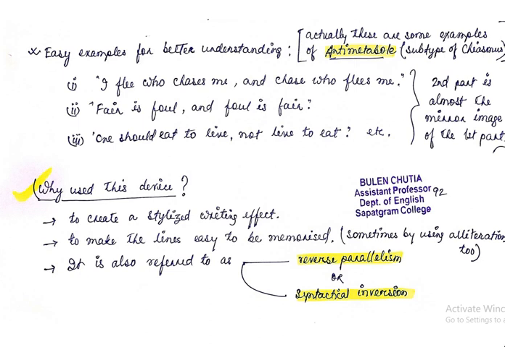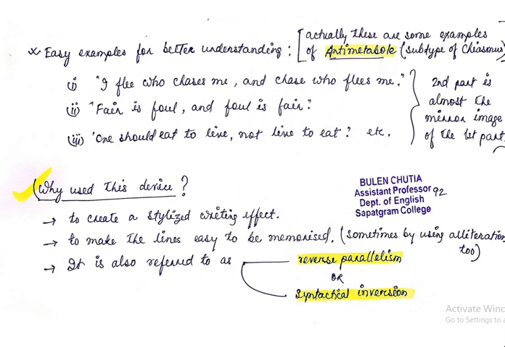Number two, fair is foul and foul is fair. Number three, one should eat to live, not live to eat. Here you can notice that the second part or the second phrase of the sentence is the mirror image of the first part or the first phrase. Almost the mirror image.